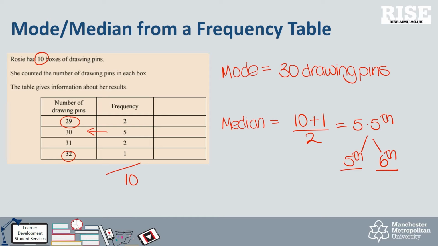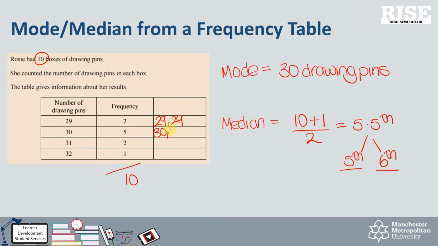To do that then, I need to think about where my boxes of drawing pins are lying within this table. Look at the frequency. I can see 2 boxes of drawing pins had 29 in them. So I know the first 2 boxes of drawing pins both had 29 in them. The next group says that there were 5 boxes of drawing pins that had 30 in them.